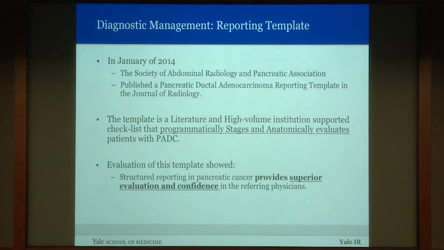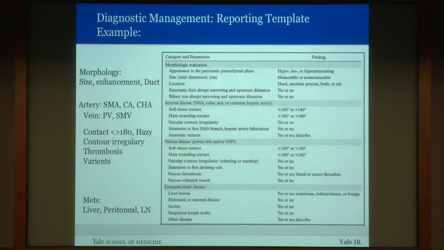Okay, and after the use of this template was evaluated, the referring physicians who use it communicate to the radiologists that the template provides a superior evaluation and confidence in these patients' evaluations. So here's just a brief outline of that template.